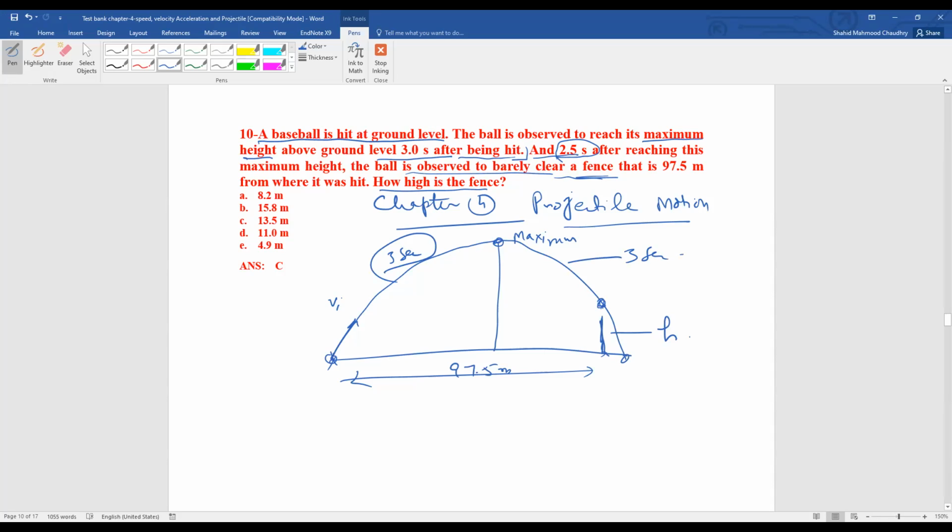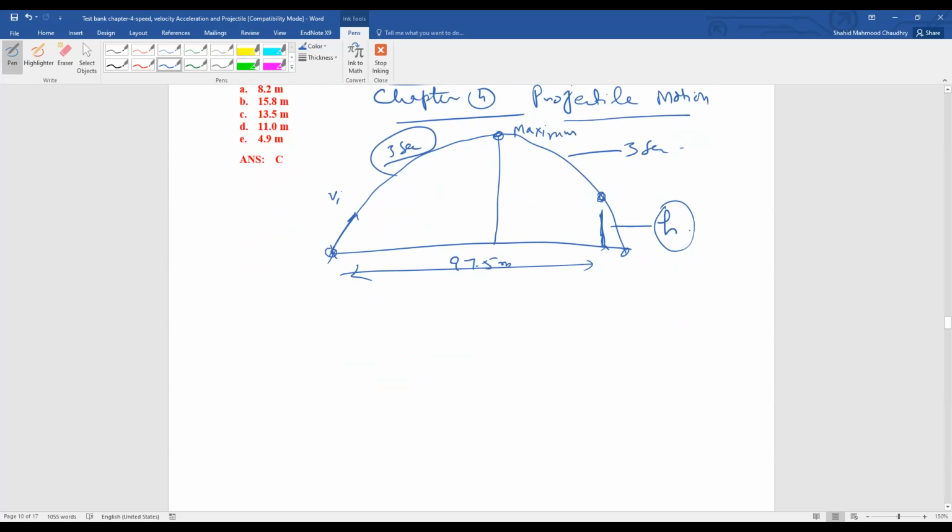Our question is to find this height. To find the height, we normally use the formula delta y equals vi y multiplied by time minus 1/2 g t squared.